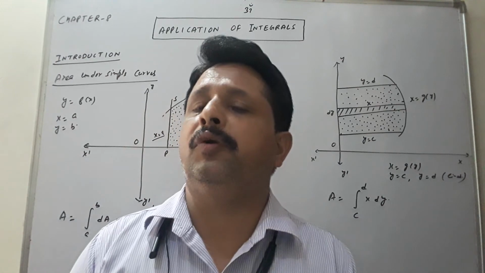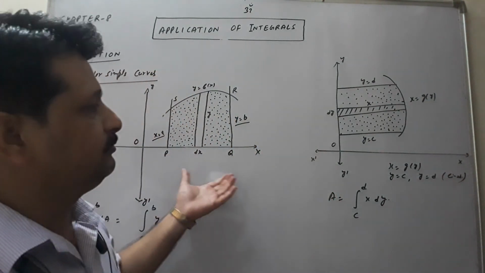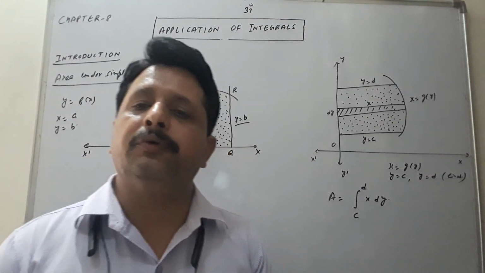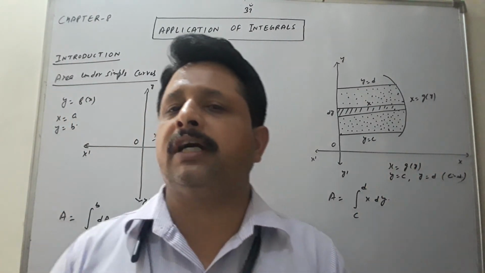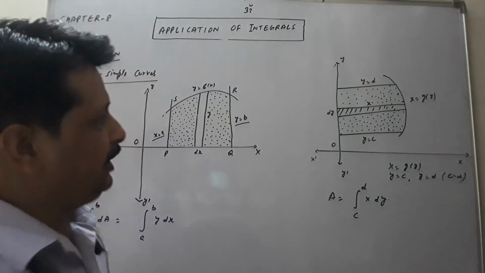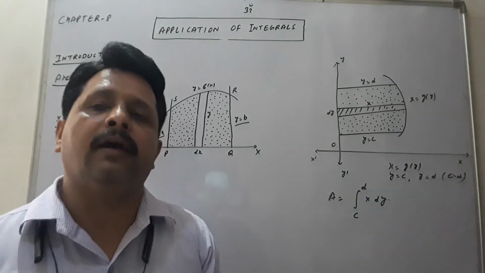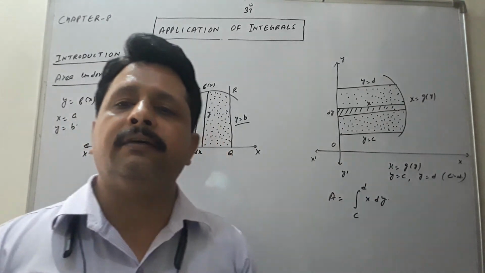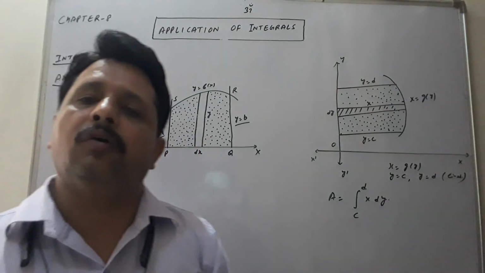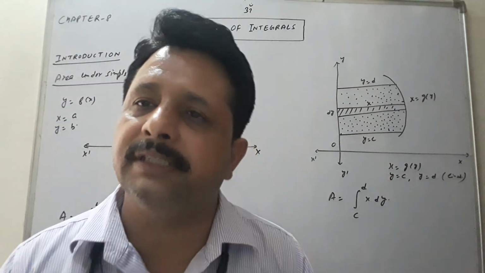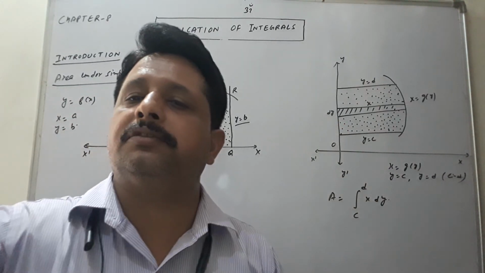One more thing I want to tell you: while you draw these graphs, it will be good for your better understanding if you draw the graph on graph paper and shade the region, so you can very clearly indicate which area is the bounded area. So make use of graph paper when you have to indicate the shaded region, students.